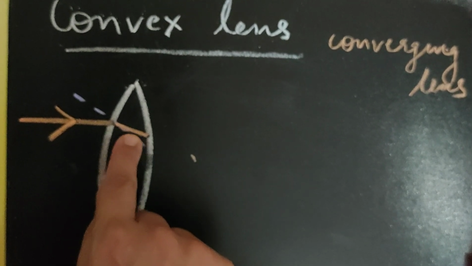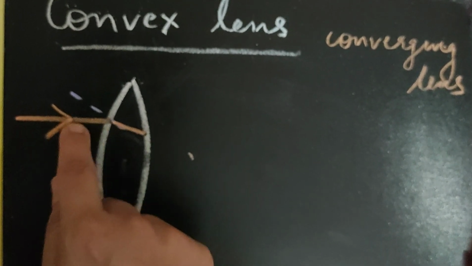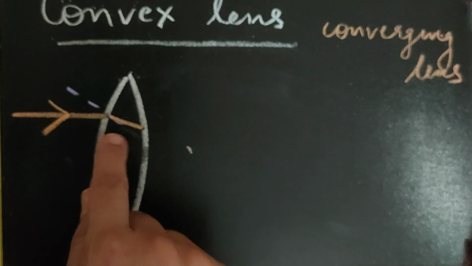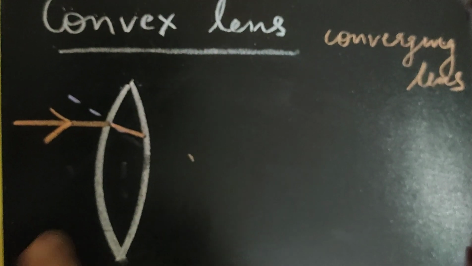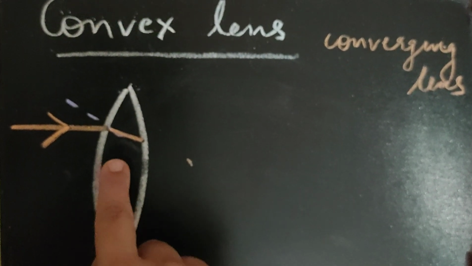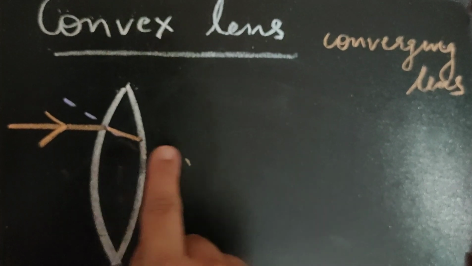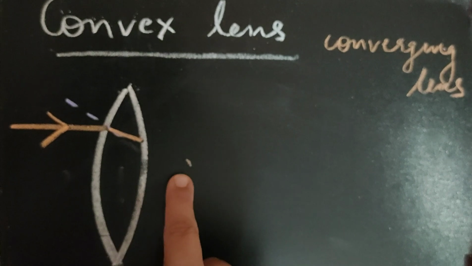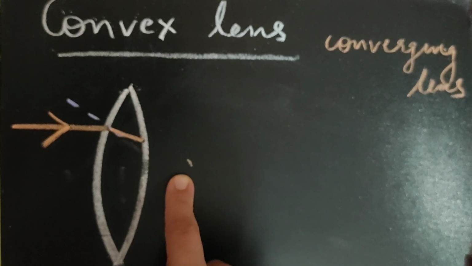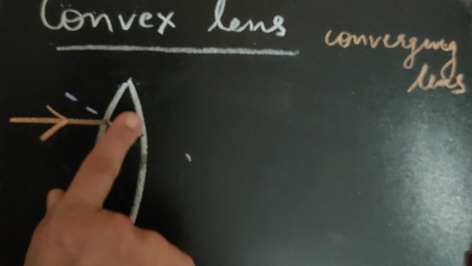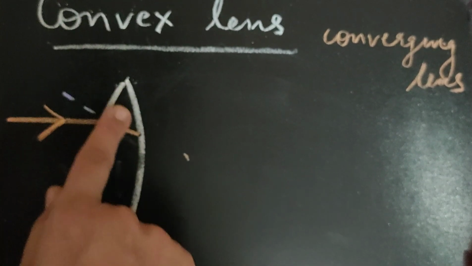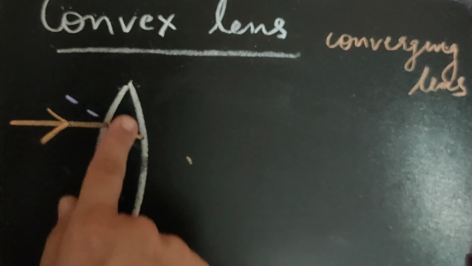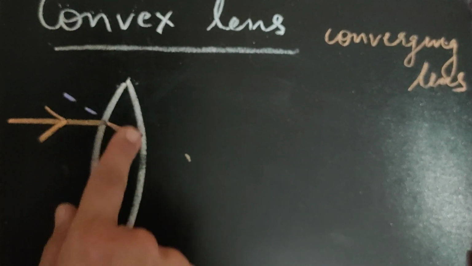Now when the light strikes the second surface, again light is at the interface. It is going to go from a denser medium to a rarer medium, and this time the light is going to go away from the normal. So I drop a normal on this second surface, which is also a curved surface, a refracting surface.